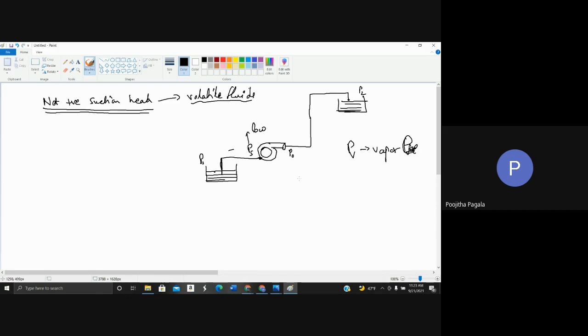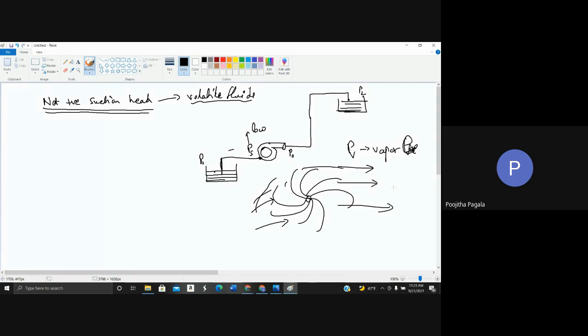But inside a centrifugal pump, which consists of a rotor, the fluid flows into the rotor, and the rotor adds more kinetic energy or increases the pressure of the fluid and sends it outward.